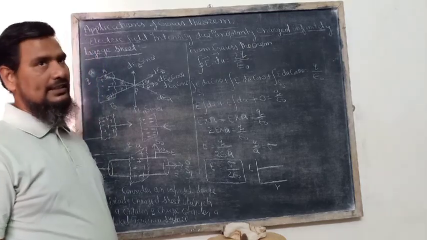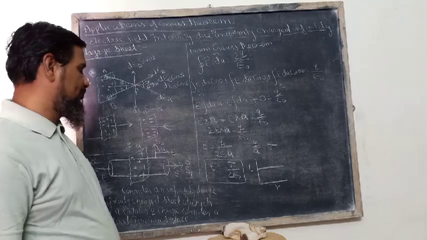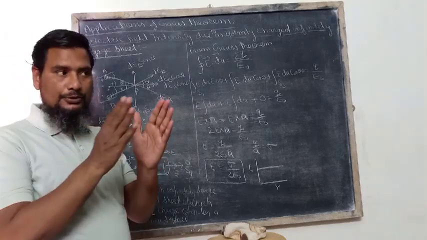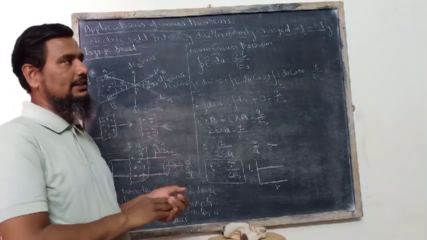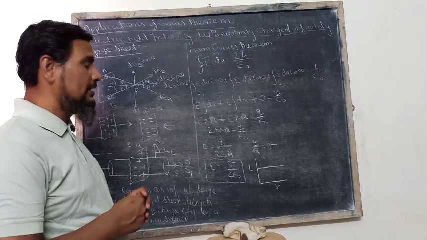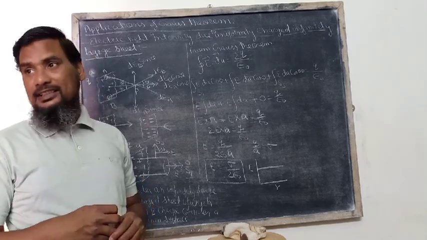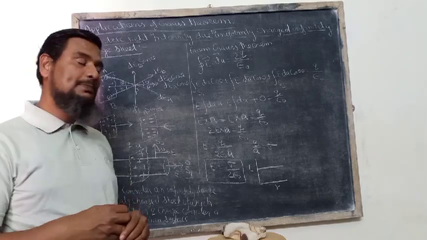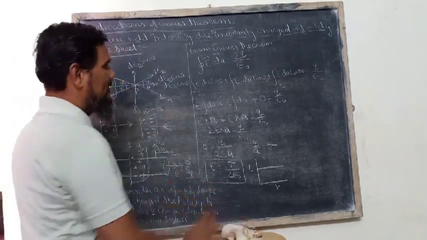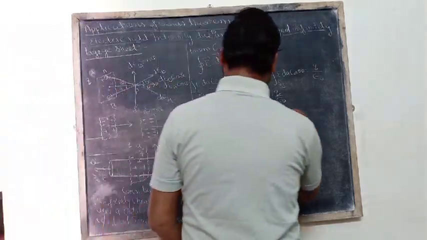Now we shall discuss two or three more points. If we consider two uniformly charged infinitely large sheets placed very close to each other, then what will be the electric field intensity outside each plate and between the plates? For this, we can consider the first case.